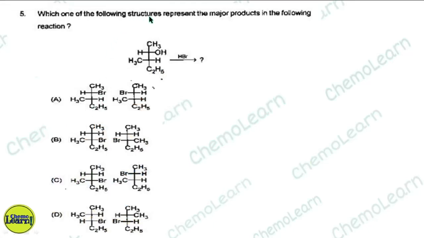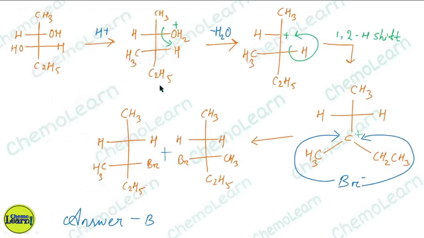Which one of the following structures represents the major product in the following reaction? We have one reactant and you are given HBr. Okay, and the options are these. So, if you treat this reactant with H plus from HBr, then this OH will abstract this proton and that will be removed as a water molecule.